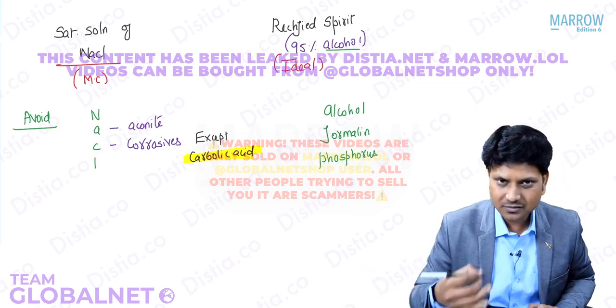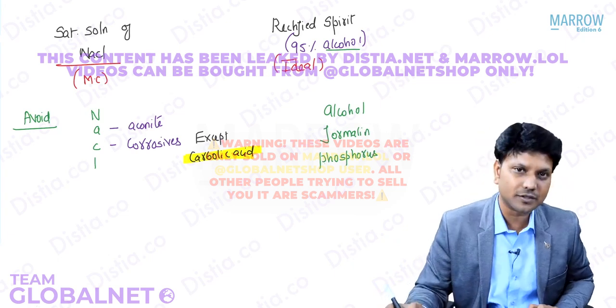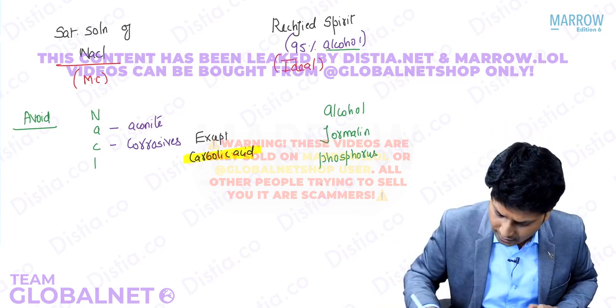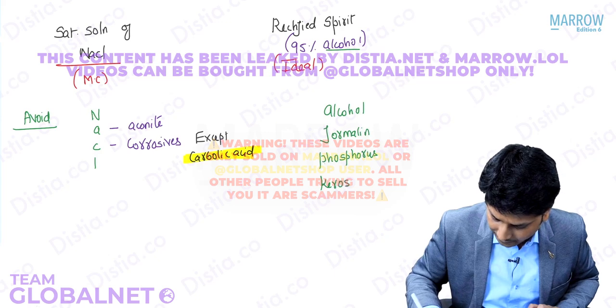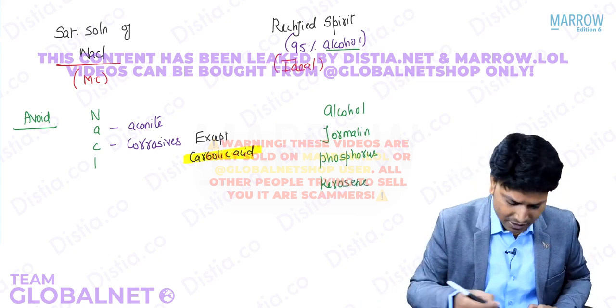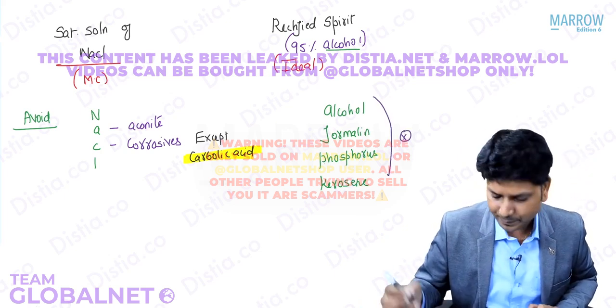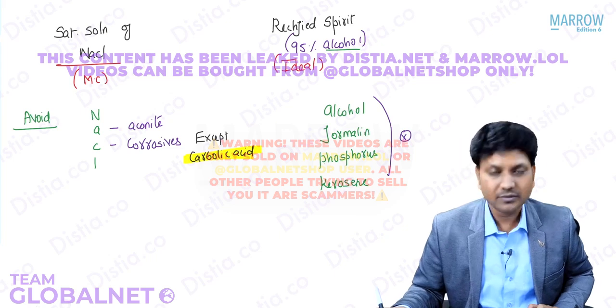If you add rectified spirit as a preservative, that property will be lost. Should not use it. Kerosene, chloroform, acetone. There are other things too, but these are the common points that you can remember for the exam.